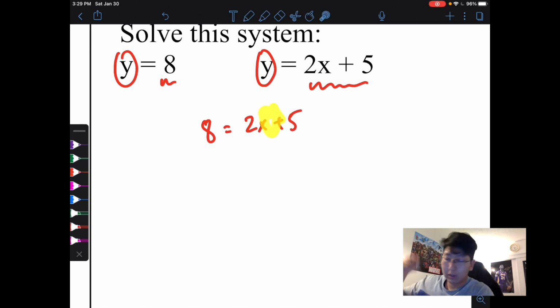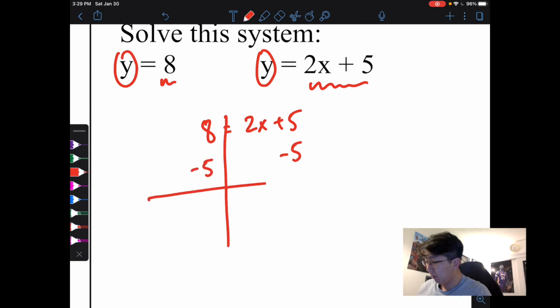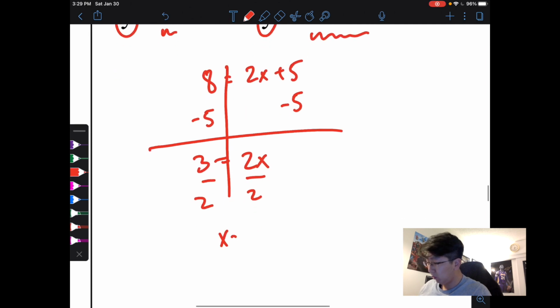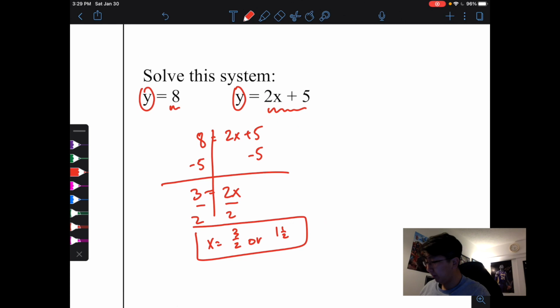We need x on one side, which it already is. So we need to get rid of plus 5: subtract 5. 3 equals 2x. Divide both sides by 2, and x equals 3 over 2, or 1.5. I'm going to keep it as 3 over 2, but just so you know, 3 over 2 is 1.5.